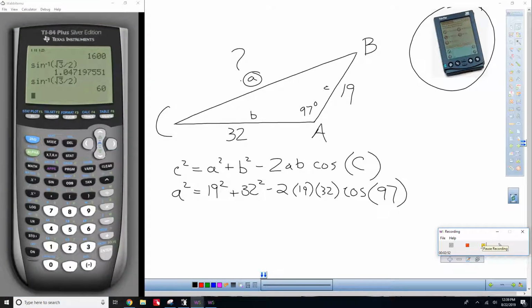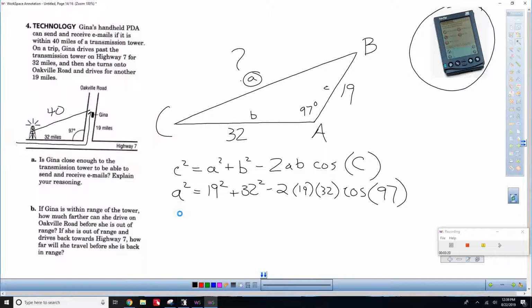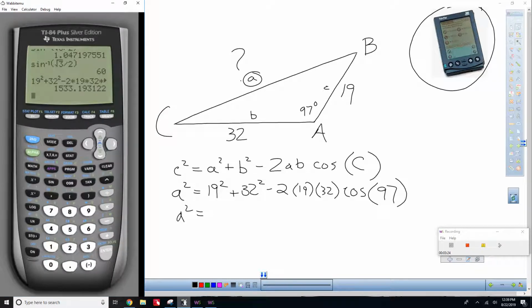Alright, so here's how you type this into the calculator. 19 squared plus 32 squared minus 2 times 19 times 32 times cosine, parentheses, 97. Enter. That is c squared, or that's a squared in this case. 1533.193.